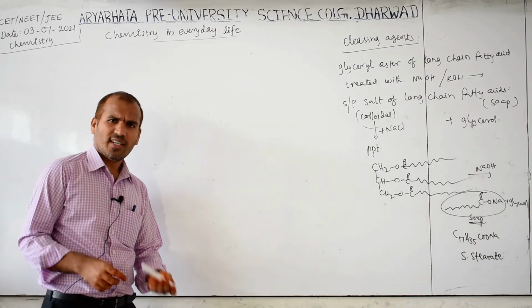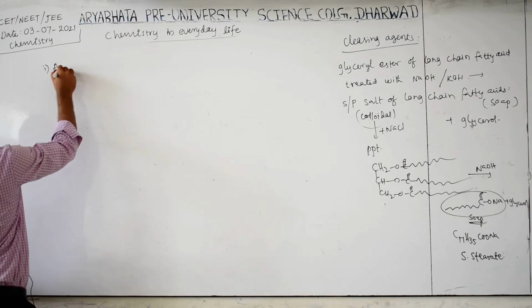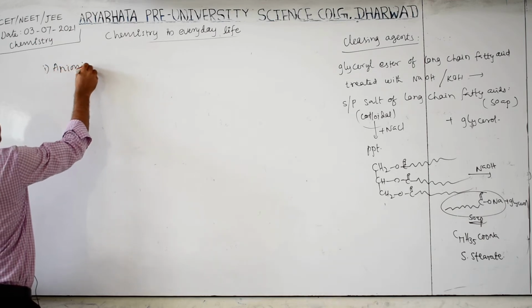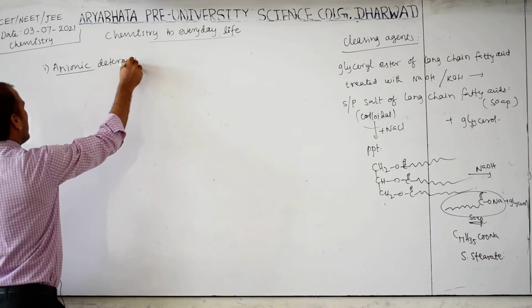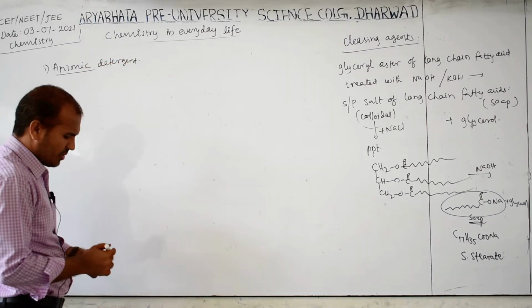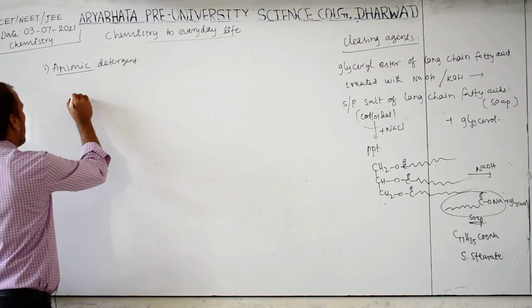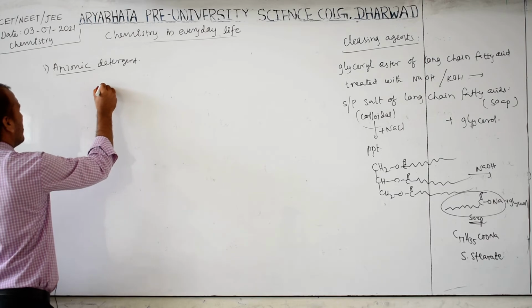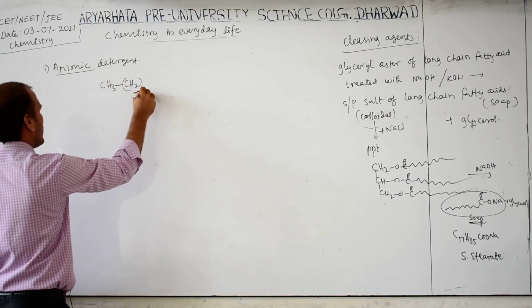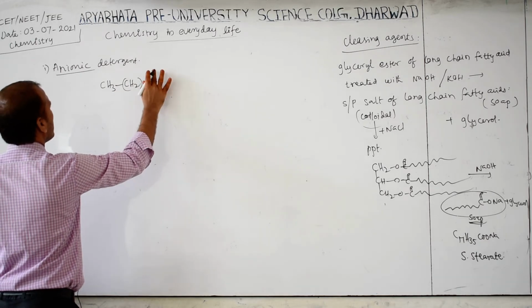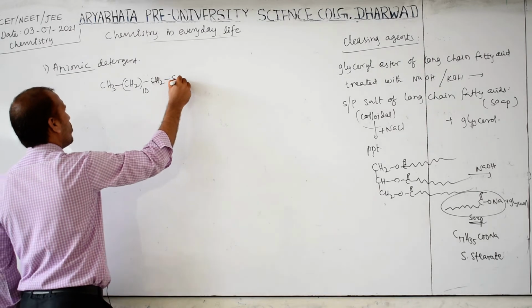Now there are three types. The first one is the anionic detergent. Consider one example: CH3(CH2)10CH2SO3Na.